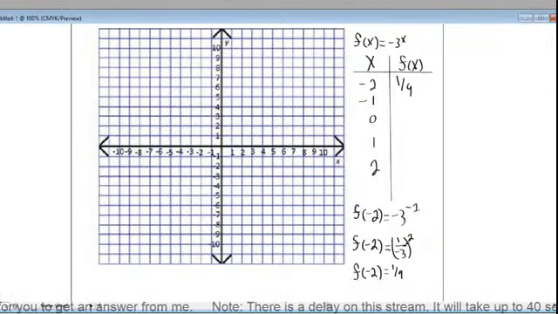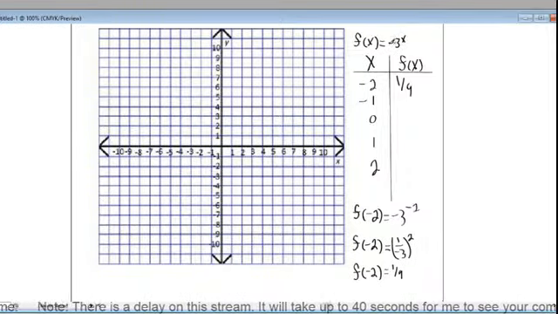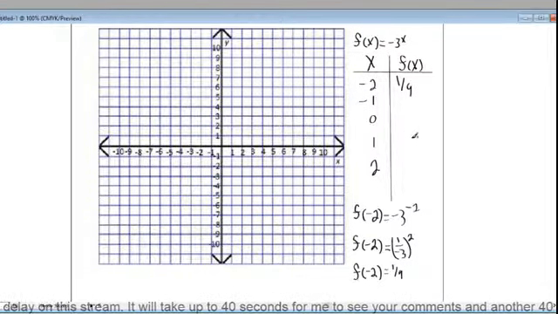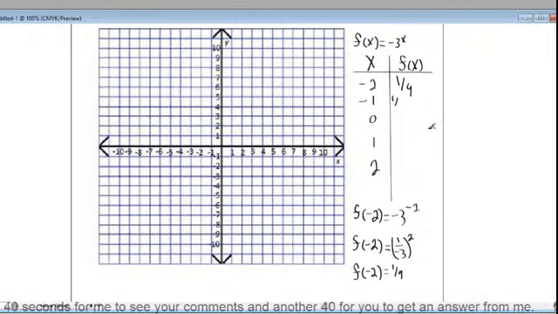Okay, let's see about these other values. Plug negative 1 in, so x is going to be negative 1. That means we have negative 3 to the negative 1. All it does is take the reciprocal. Let's calculate it. I want to make sure we have this down.